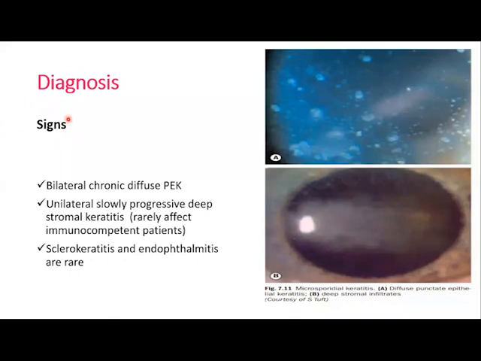Diagnosis, signs: bilateral chronic diffuse punctate epithelial keratitis, PEK, and unilateral slowly progressive deep stromal keratitis. But this is rarely seen in immunocompetent patients. It is seen in immunosuppressed patients like HIV, diabetes mellitus. Sclerokeratitis and endophthalmitis are rare. PEK means punctate epithelial keratitis.